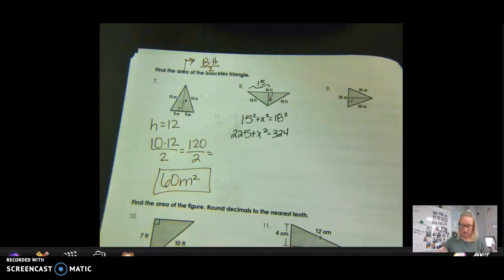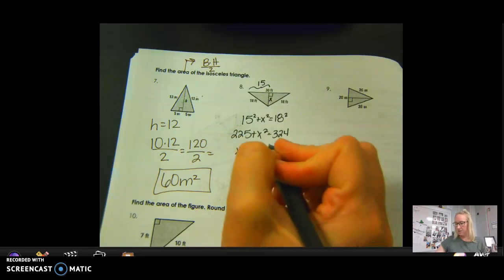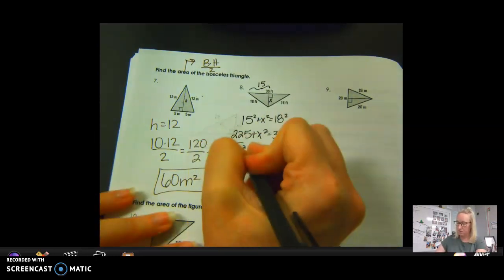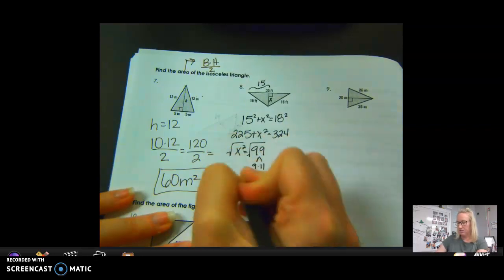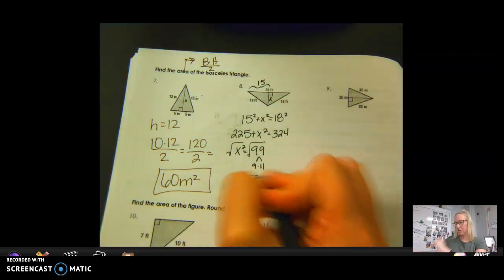If I subtract those, I get x squared equals 99. If I take the square root, that breaks down to 9 times 11. Square root of 9 is 3, so it's 3 square roots of 11. So your height here is 3 square roots of 11.